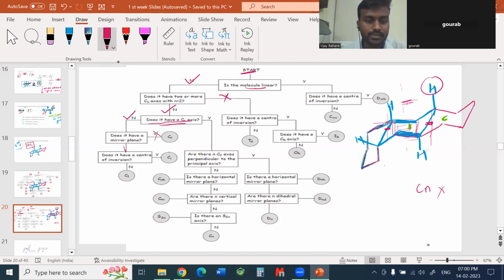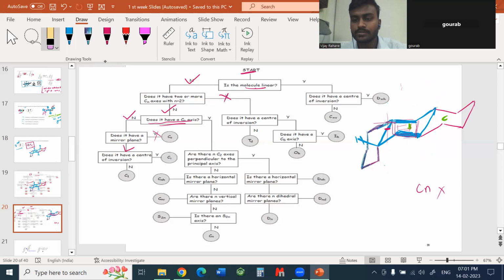So we need to go here. Now we need to check the center of inversion. Does it have any center of inversion? Initially, for simplicity, we will check only the center carbon chain, and then we will check the remaining hydrogens.